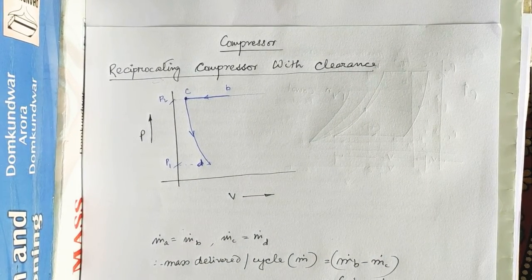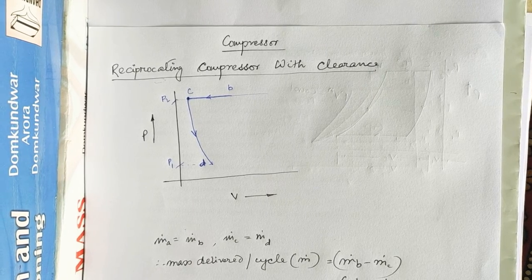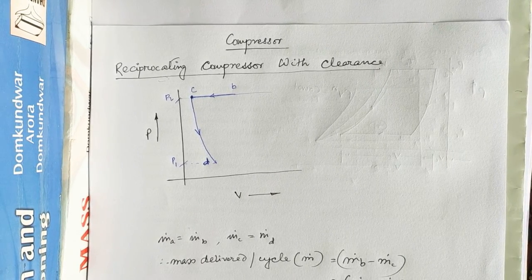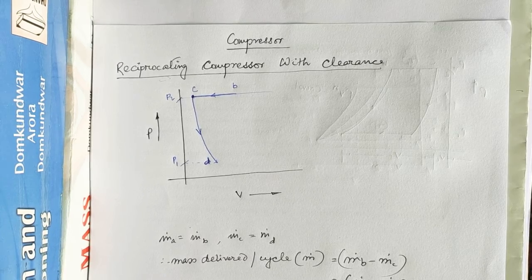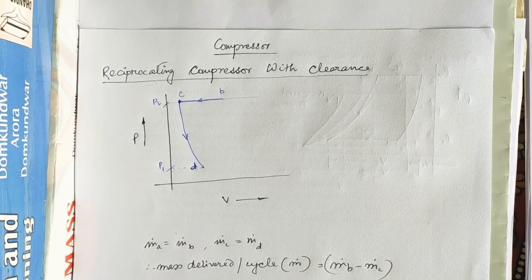Now when it reaches the suction pressure at point D, the inlet valve will again open and the induction of fresh air into the cylinder will start.